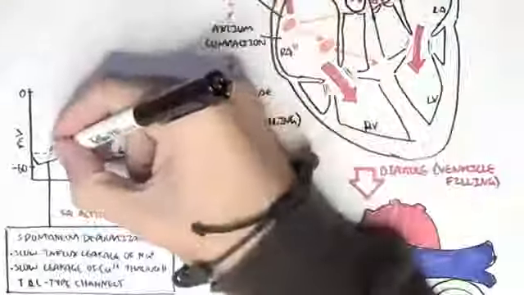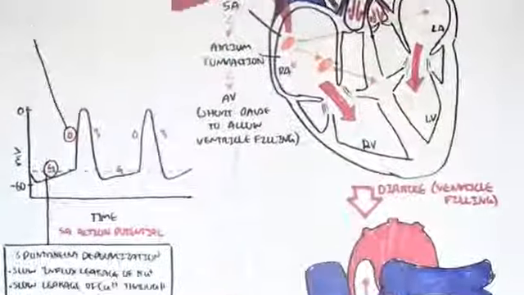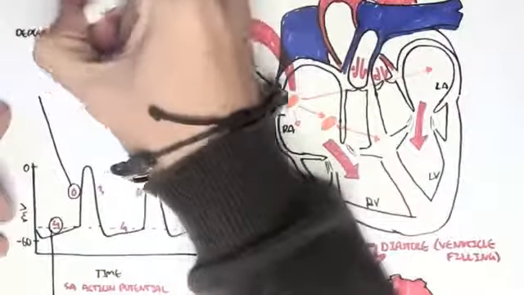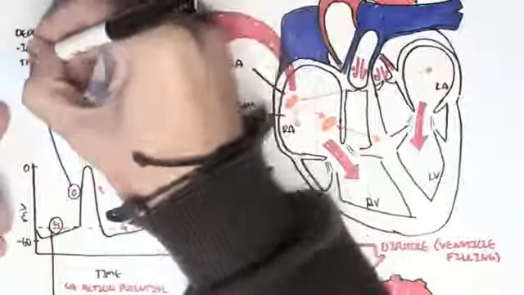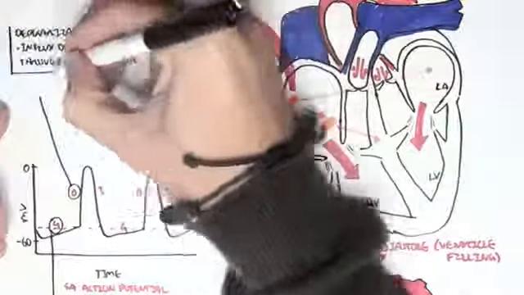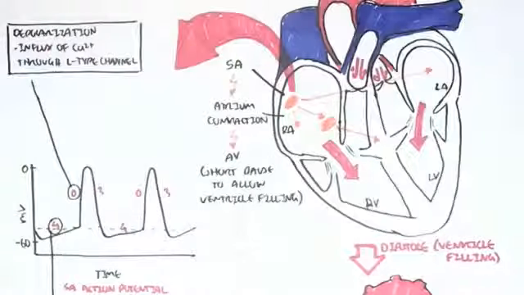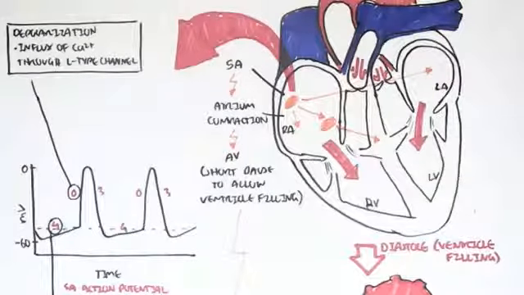Phase 0 is depolarization, when we have rapid influx of calcium ions through L-type calcium channels, causing the membrane potential to become more positive till about 0 millivolts. This is an action potential, and this is when the sino-atrial node sends out the impulse, sends out the action potential, causing the atrial myocytes to depolarize, as well as sending the impulse to the pacemaker cells to depolarize.